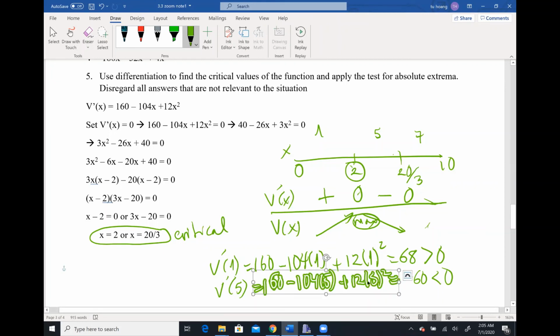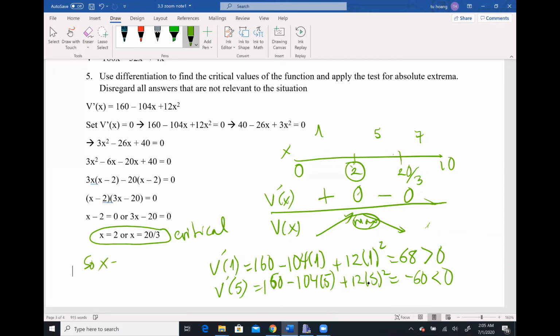So x equal to 2 will make the volume of the box max. Okay, that's the answer.